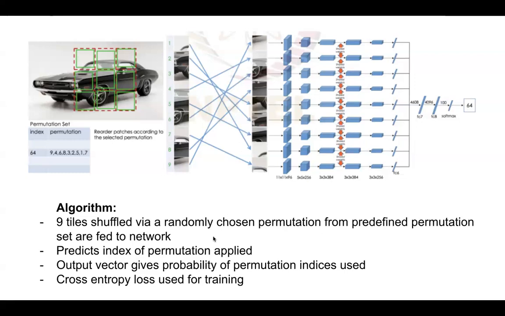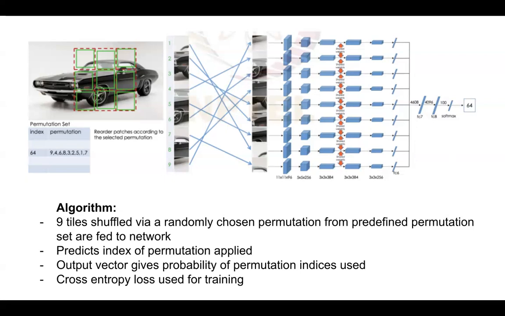So if you have, let's say, 1,000 permutations, this network will predict 1,000 probabilities corresponding to these 1,000 permutations. A cross entropy loss will be used for training.